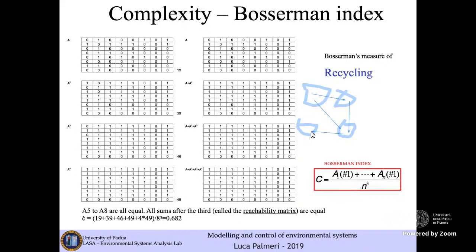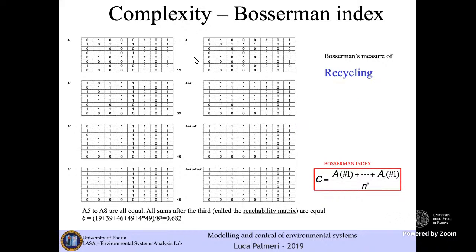You may understand immediately that if a unit of media shall pass from compartment 2 to compartment 4, there is a two-step pathway. So from compartment 2, 1 unit of media has to pass to compartment 3 and then pass to compartment 4. So there is a two-step connection between compartment 2 and compartment 4. So the square matrix counts the number of two-step connections between the different compartments in the network.